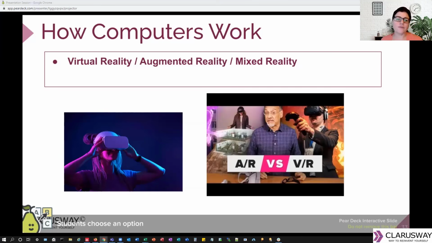So let's first just define what virtual, augmented, and mixed reality are. Augmented reality is using a real world environment and you may see something virtual laid over. Whereas a virtual environment is completely virtual. There's no reality.